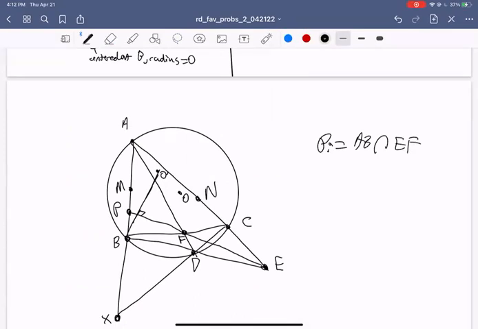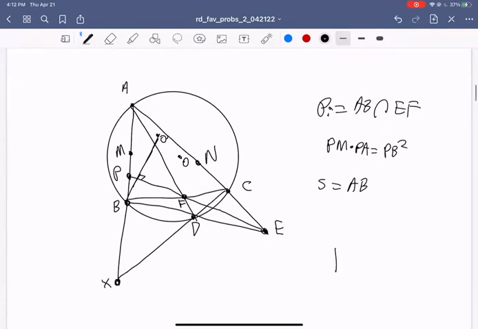Then we have that PM times PA equals PB squared because it's on the radical axis. By doing a bit of algebra, we can define S equals AB. Then we have, let's say, R S is PB, the length of PB.